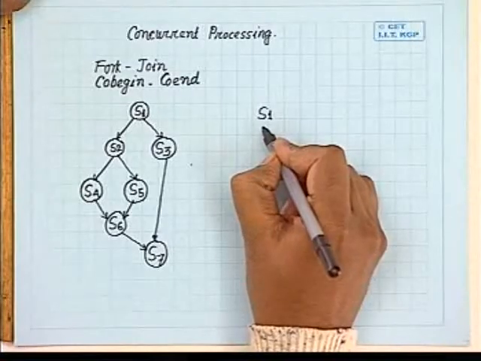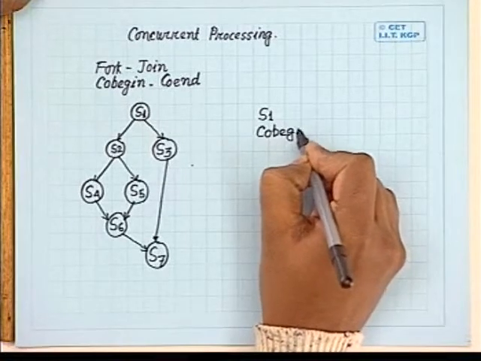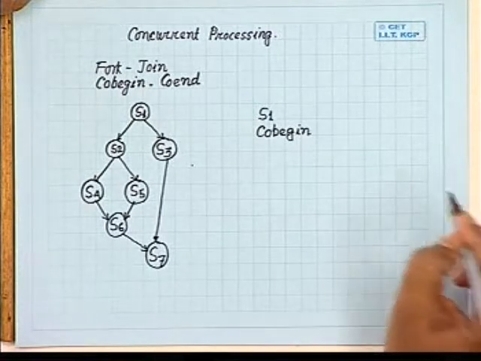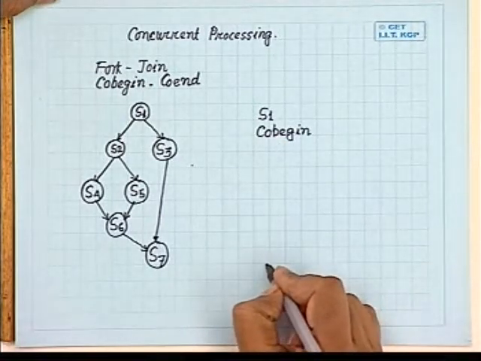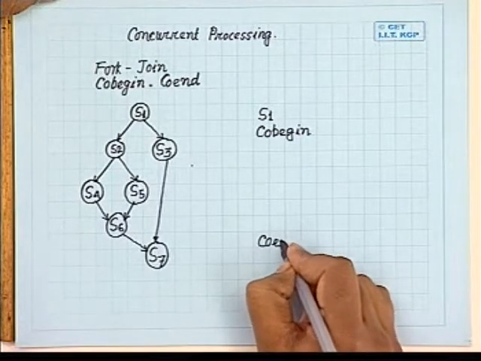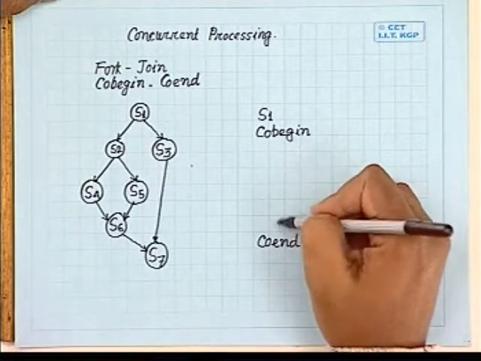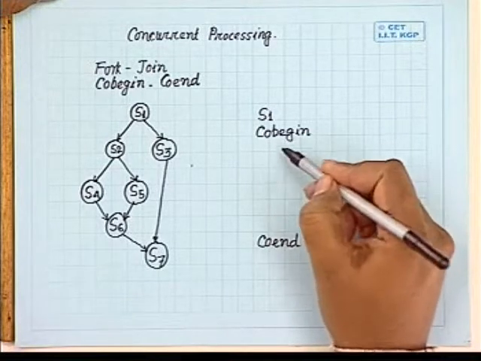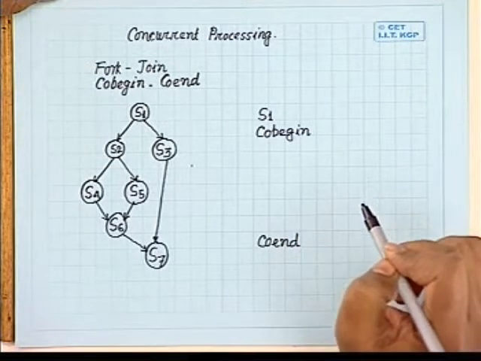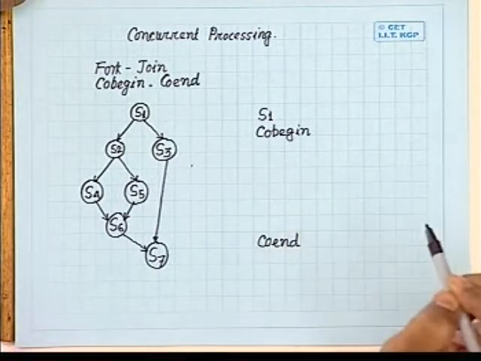In the co-begin co-end structure, to create two processes, we use a co-begin statement, and similarly a co-end statement. If I have n statements within this co-begin co-end structure, then it will create n processes, and one process will execute one statement within the structure.